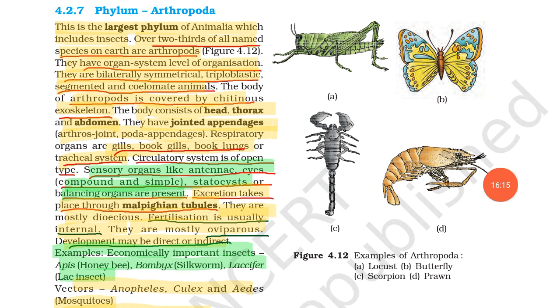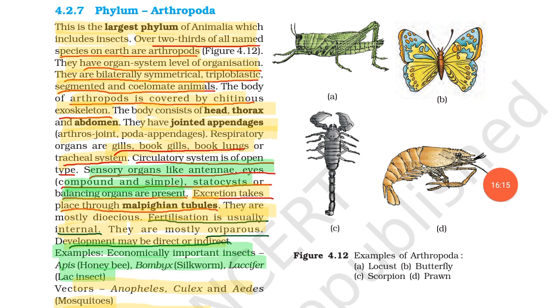What is meant by chitinous exoskeleton? It is somewhat tough. Let's remember, we have seen these prawns. The prawn has a hard, toughest covering on its body, so it is called a chitinous covering, and hence chitinous exoskeleton.